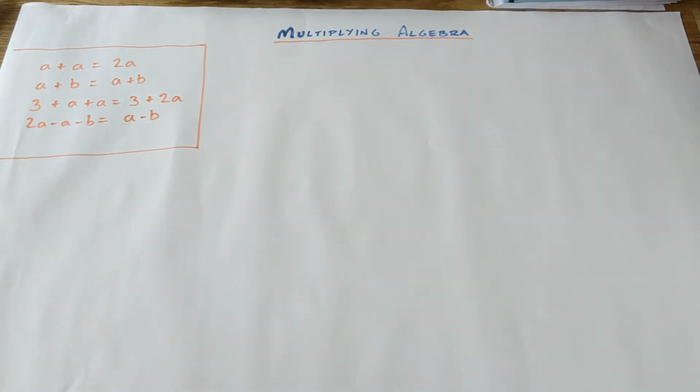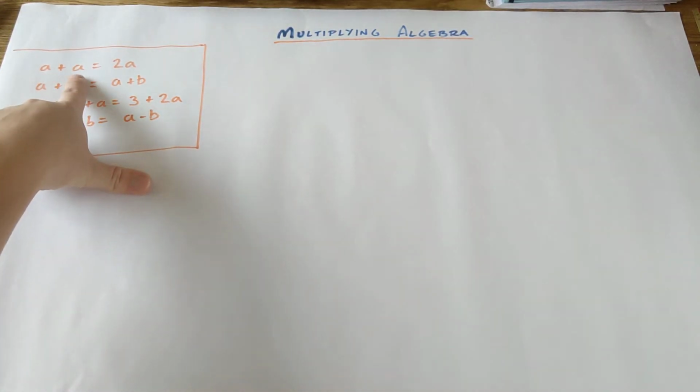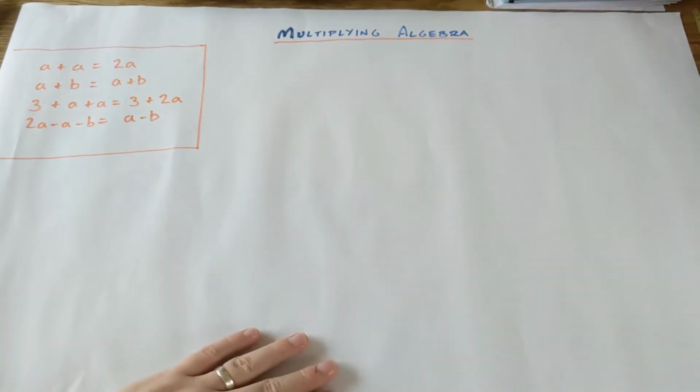The first thing we need to know is how we write out what a multiplied algebra term looks like. We're going to look again at this example of A plus A equals 2A.